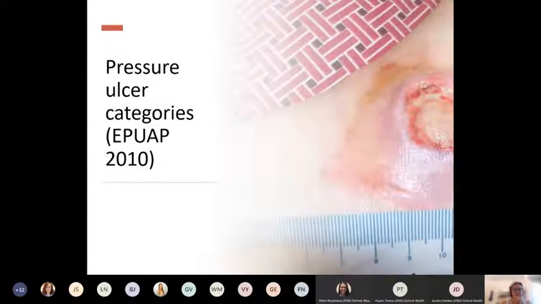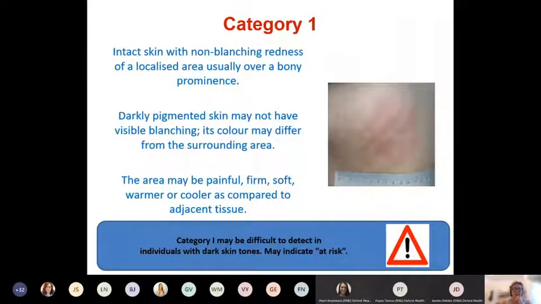Right, pressure ulcer categories. So EPUAP category 1: intact skin with non-blanching redness of a localized area, usually over a bony prominence. We also get referrals, not necessarily from district nursing, going, oh, they've got category 1, it's blanching erythema.